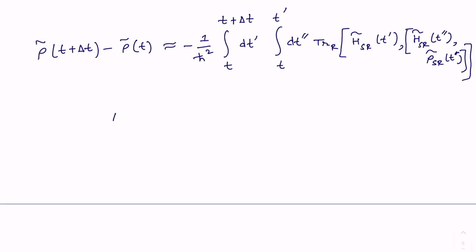In fact, I can now write a short notation for this difference of the system state at time t plus delta t and t. Let me denote it as delta rho tilde at time t, equal to rho tilde at t plus delta t minus rho tilde at t.